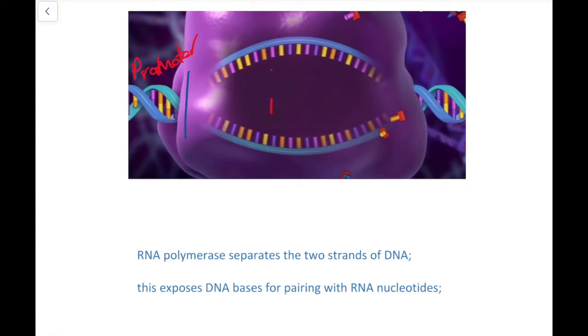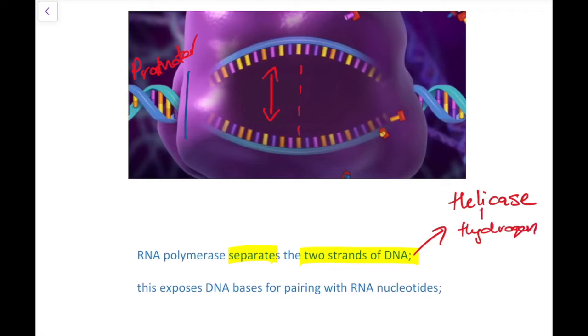So what's it doing here? It separated the strands. So the RNA polymerase separates the two strands of DNA. And how's it doing this? So a bit more detail, it's the same as helicase. So helicase was separating DNA strands. So to do that, down the middle, joining these, were those weak hydrogen bonds. So it breaks hydrogen bonds.